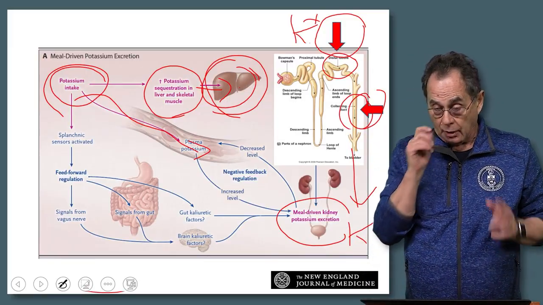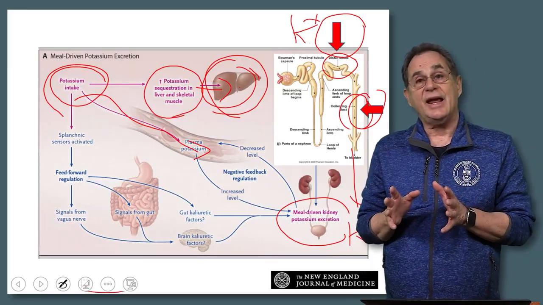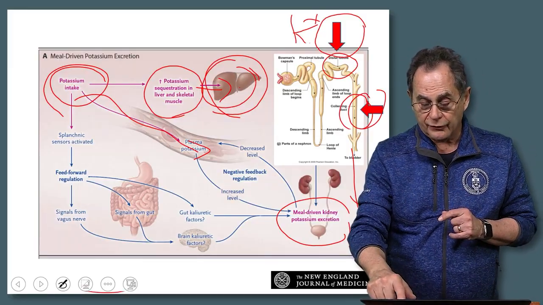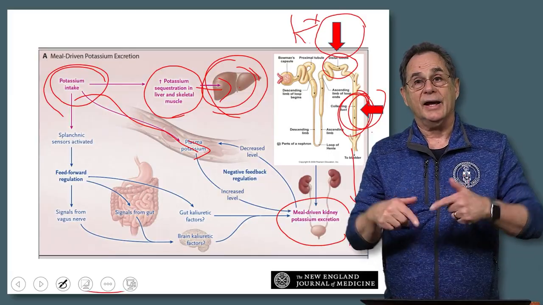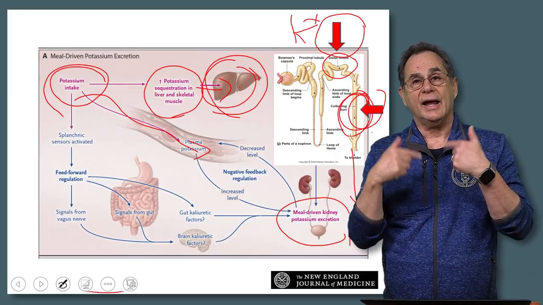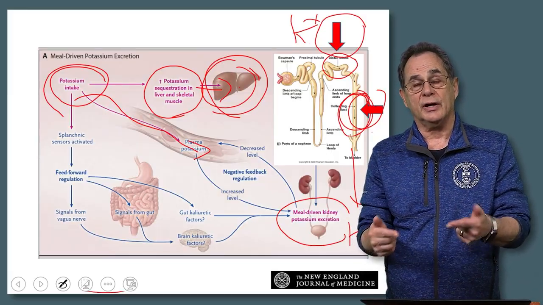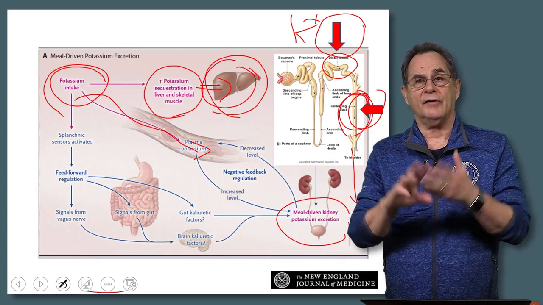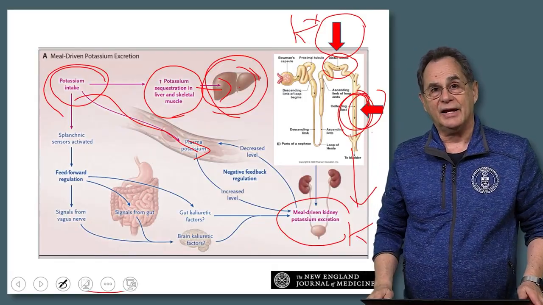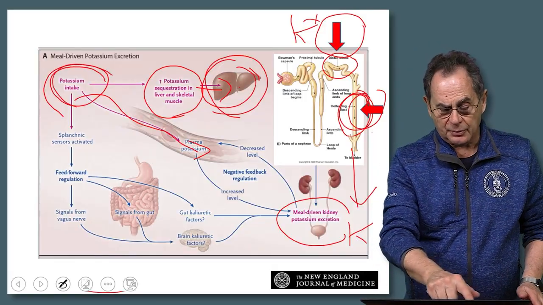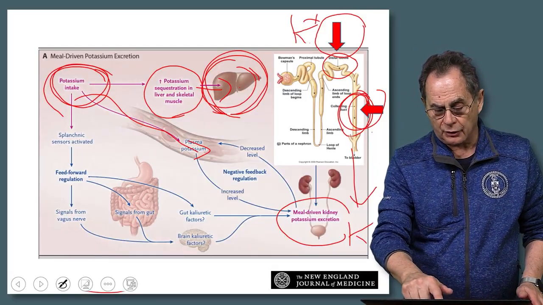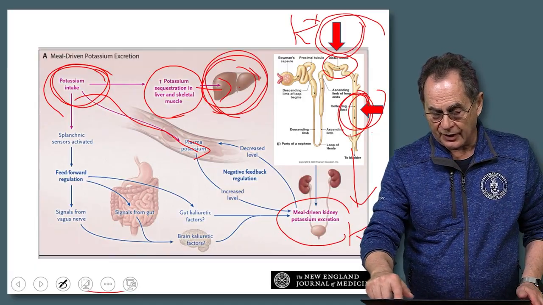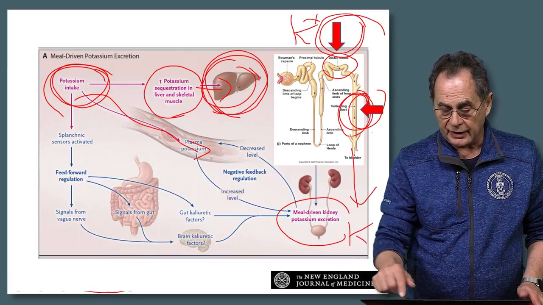And so high potassium sets the stage, if you like, for facilitating K secretion by increasing flow rates, increasing sodium delivery, and stimulating aldosterone. That's a perfect trifecta. That will drive K secretion so that you eat the potassium, you store it in cells, but the consequences of subtle rises lead to secretion.